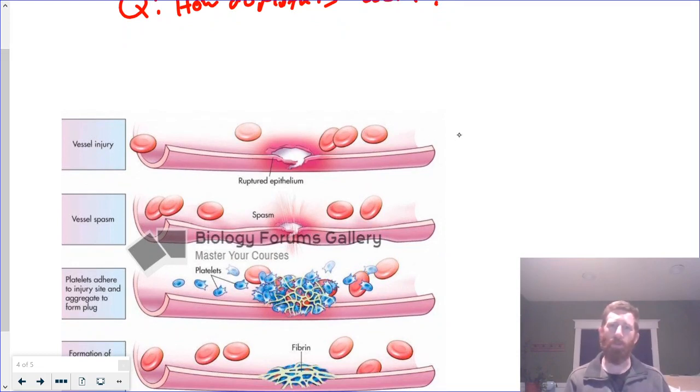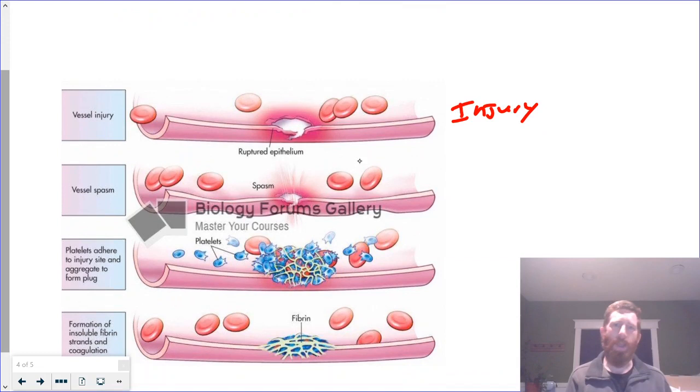So first of all, of course, we have to have an injury, whether that's stabbing, cutting, blunt force trauma, too much pressure, or a weakened vessel wall. Something happens to injure a blood vessel. When that happens, the first thing our body does to repair that is called a vessel spasm, which your book also uses.